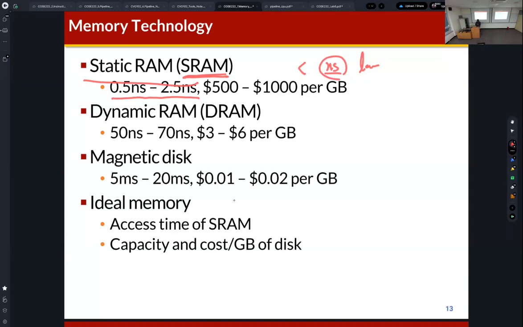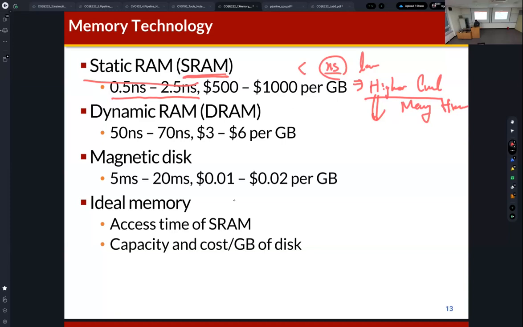Which means we can use SRAM for the higher level of the memory hierarchy. Actually, we can implement the SRAM in the CPU chip, because SRAM uses the same semiconductor technology as the CPU or other non-memory logic, a normal CMOS technology.